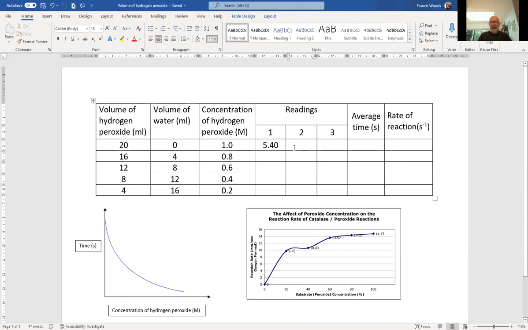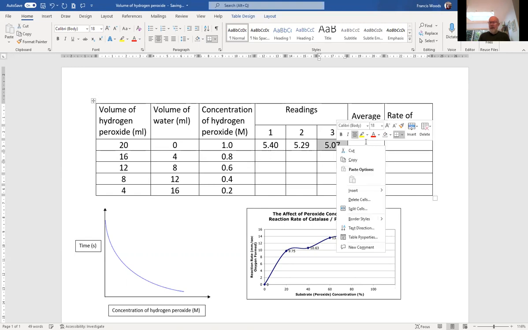Okay, so if the next one was 5.29, I've got to keep it to 2 decimal points, even if there's a 0 there. And again, if we had something like 5.07, then again, okay, we include those.